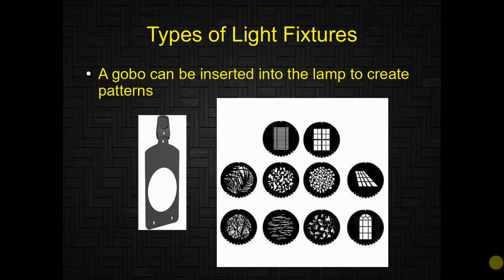It's actually a round piece of metal, very, very thin, like sheet metal, with a pattern cut into it, and it's inserted into this gobo holder and inserted into the ellipsoidal light, so it actually projects this pattern onto the stage. So you can create this artificial effect of shadows from trees or light coming through a window.